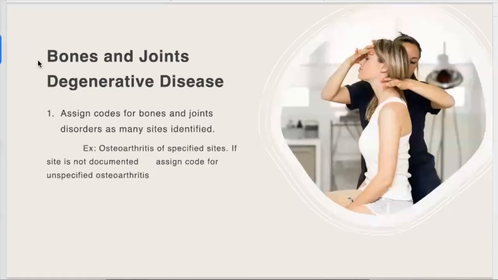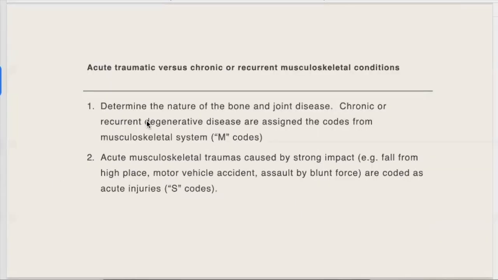So we have bones and joints degenerative disease. I have already explained the difference between acute, traumatic versus chronic or recurrent musculoskeletal conditions. Now, let's read this, to reiterate what I have just explained to you.